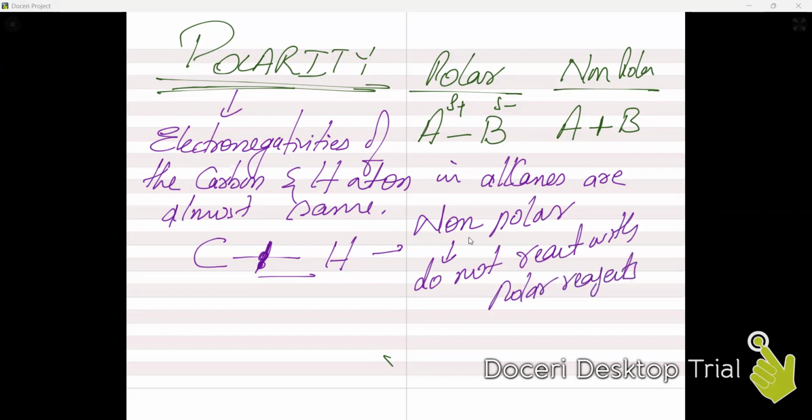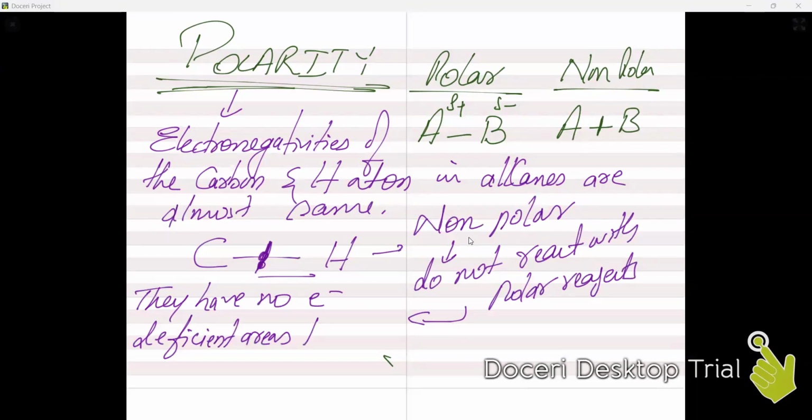Polar reagents are the ones which have partial positive and partial negative charges. Alkanes do not react with them because they have no electron deficient areas to attract nucleophiles.